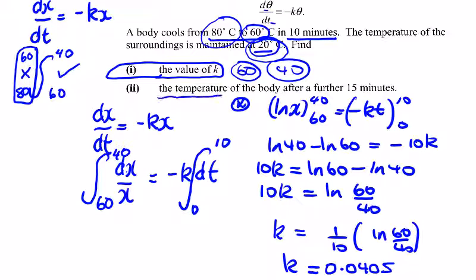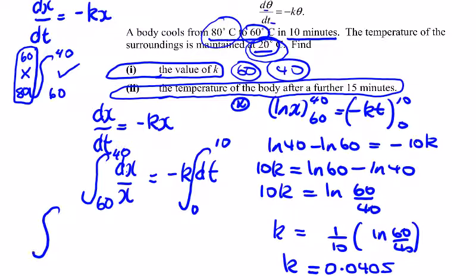And then we're asked for the temperature of the body after a further 15 minutes. So starting at 10 minutes, a further 15, we're looking for temperature, so it's starting at 40. So then it's going to go to 40 minus whatever. This is what we don't know, so this is going to be our x minus 20. I don't think we can do anything else with that.